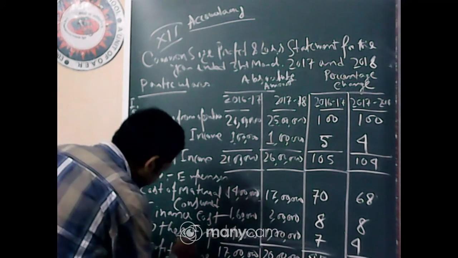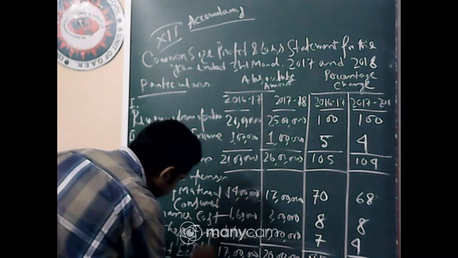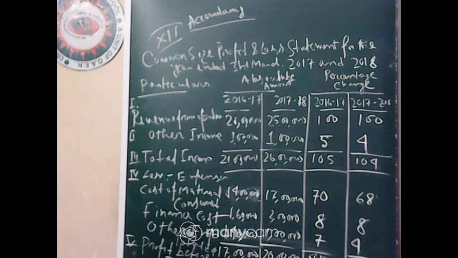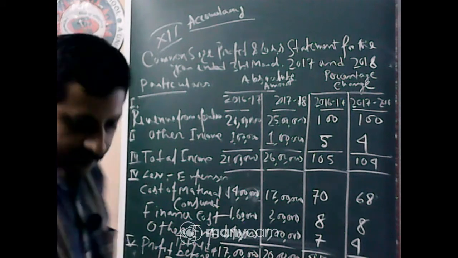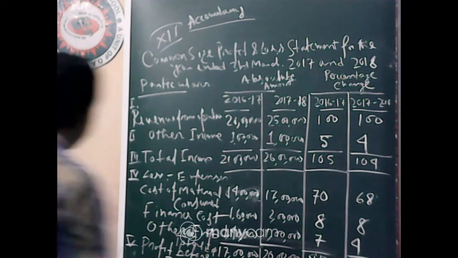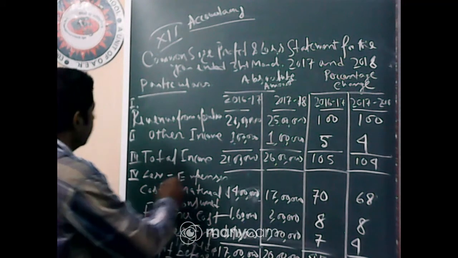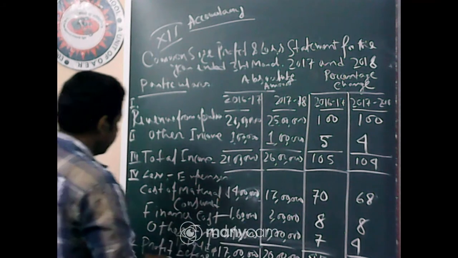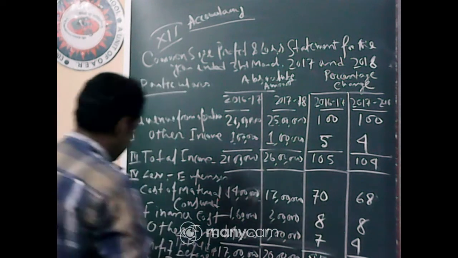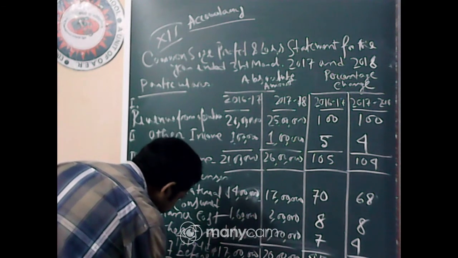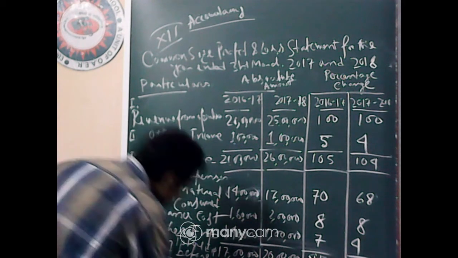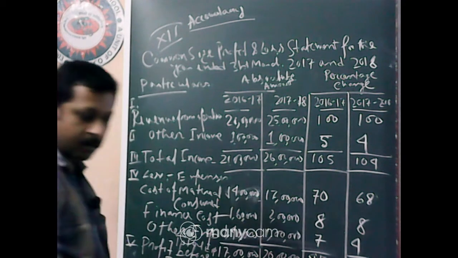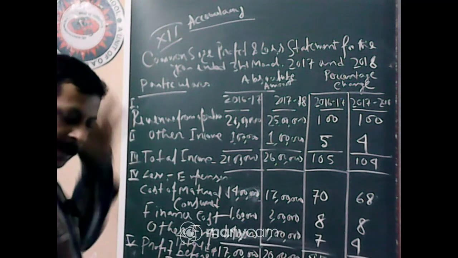Okay, this is your total expenses, and you just mark total expenses from total income. You have to less total expenses. That is 3 minus 4. So 21 lakh minus 17 lakh. What will become? That is 4 lakh.